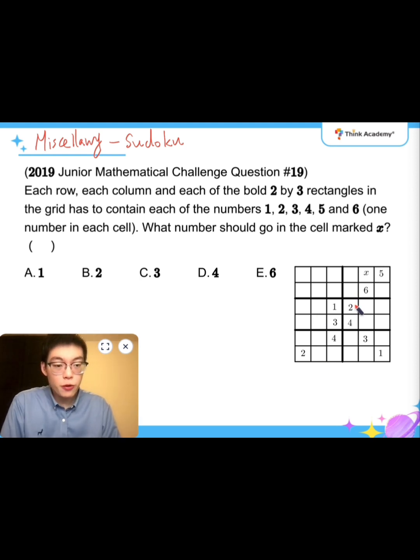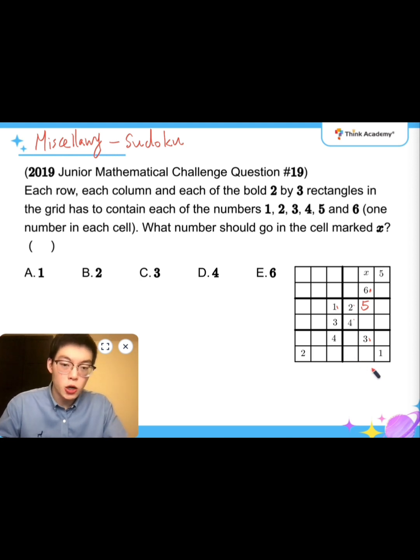So we have 2 and 4 there, we have 6 and 3 there, we also have 1 there. So 1, 2, 3, 4, 6, it means that this box has to be 5, right? Because we can't put any other number if we want 1 to 6 once each in each column, row, and rectangle.